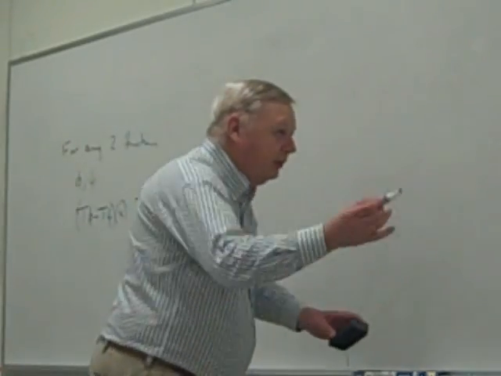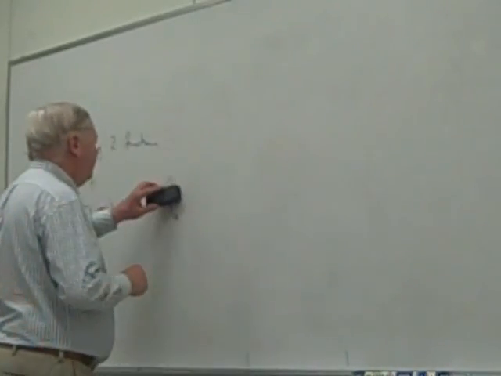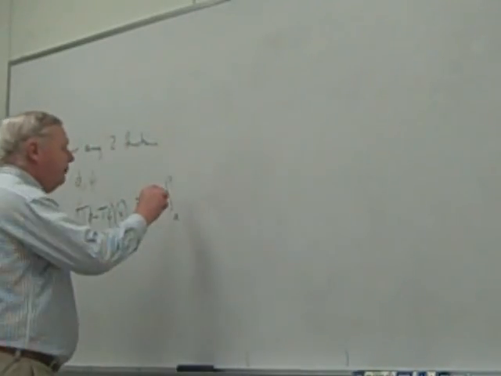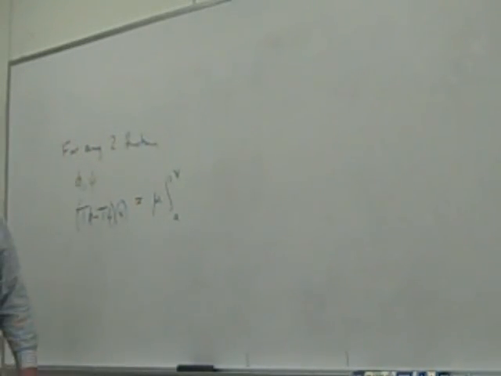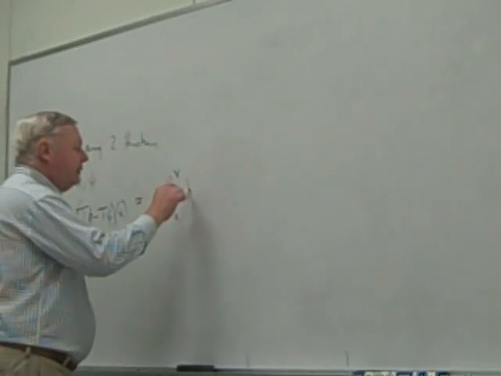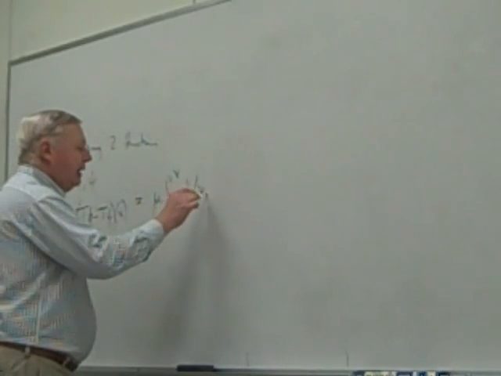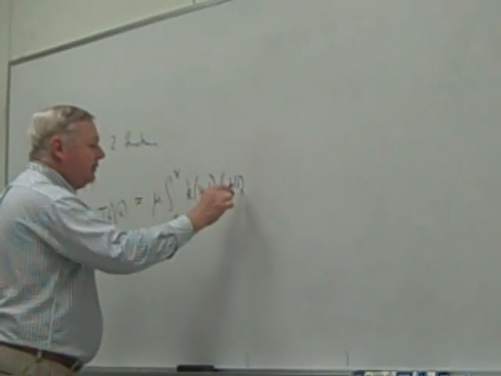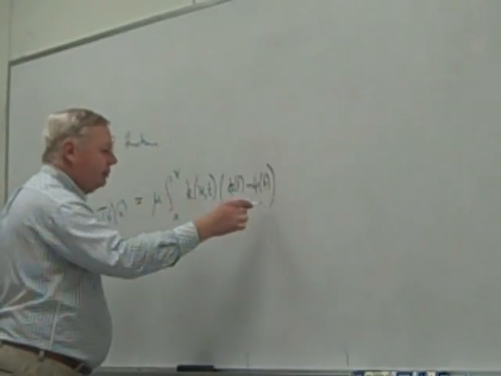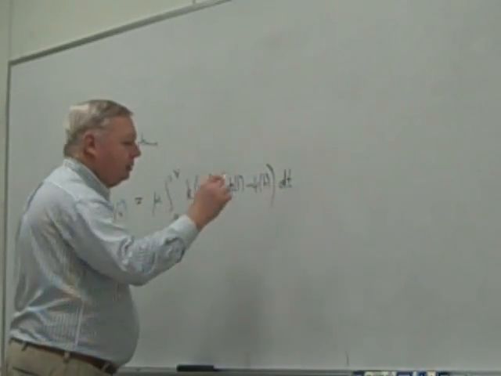Now that we've seen it's one of these integral equations we've been talking about, we'll revert to the original formulation, a to x, and we will have k of x,t, phi of t minus psi of t, dt.